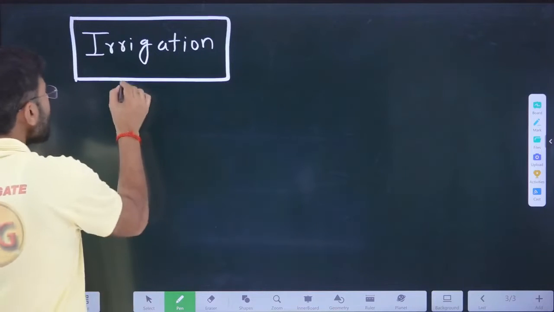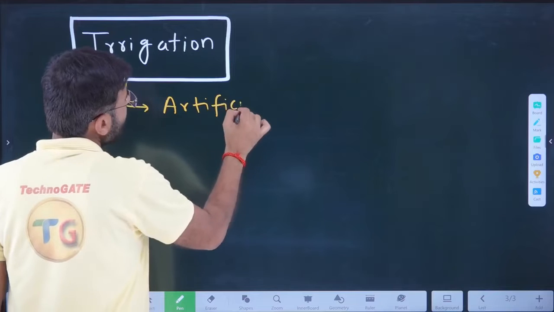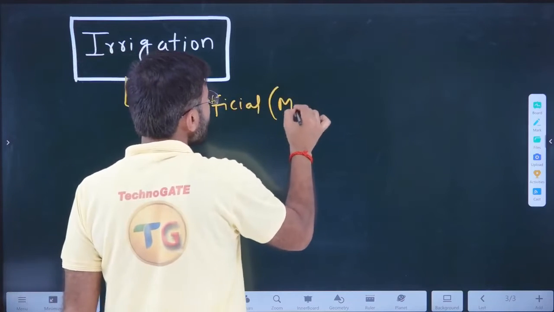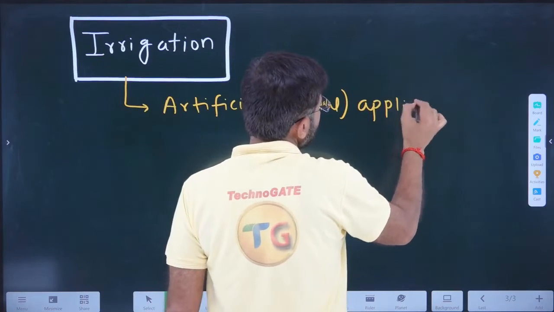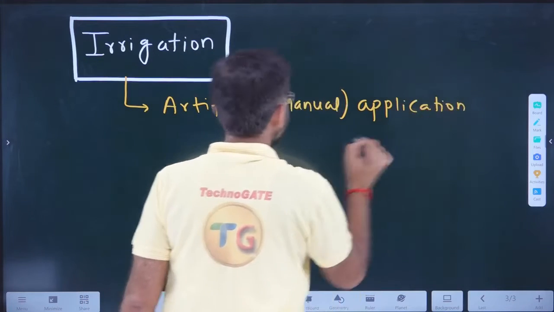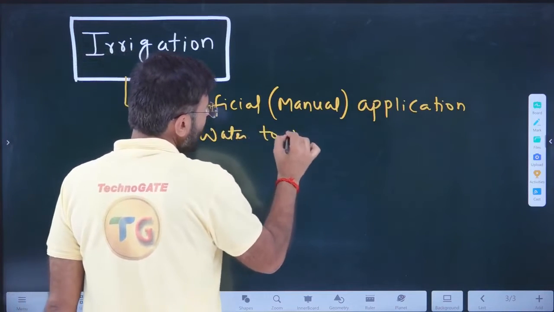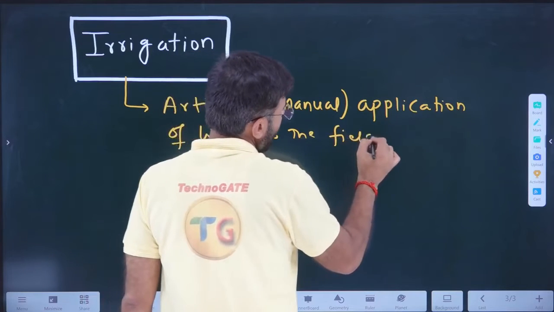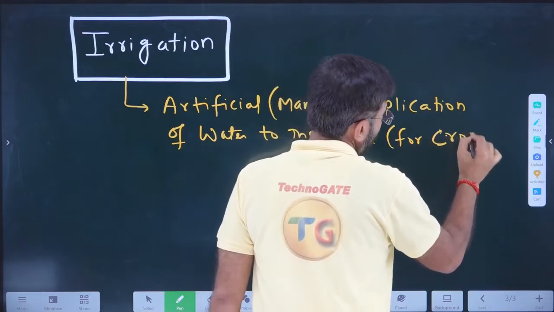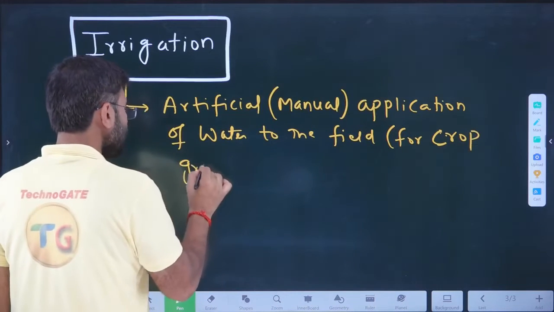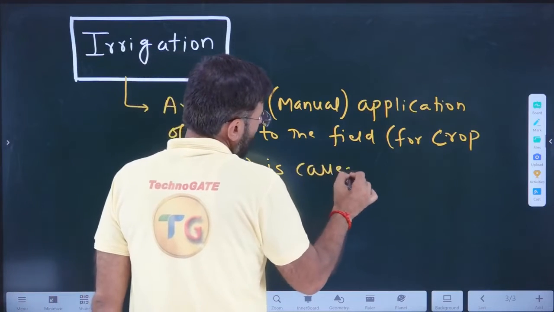The definition is: artificial, artificial means manual, application of water to the fields for crop growth is called irrigation.